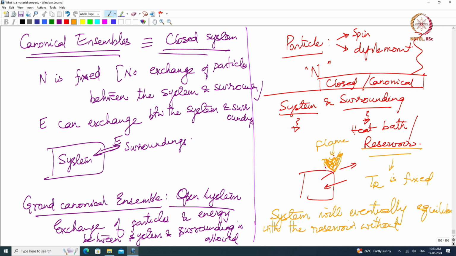Reservoir is so huge, right, it is a heat bath, right. So you can dump in anything, you can take anything from the reservoir, but nothing really changes in the reservoir, nothing meaning the temperature does not change in the reservoir.